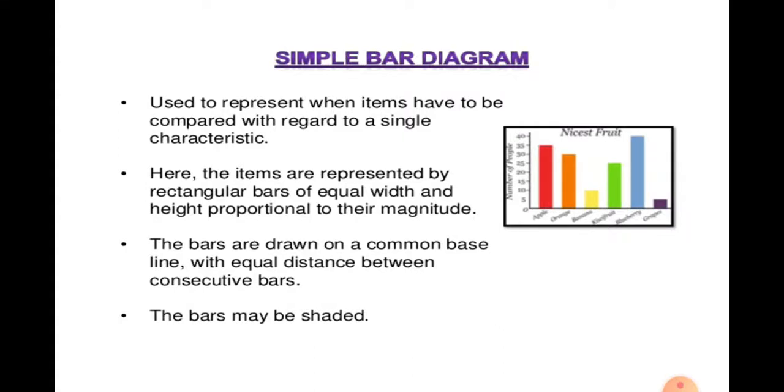The very first topic is the simple bar diagram, used to represent when items have to be compared with regard to a single characteristic. Here, the items are represented by rectangular bars of equal width and height proportional to their magnitude. The bars are drawn on a common baseline with equal distance between consecutive bars. The bars may be shaded.